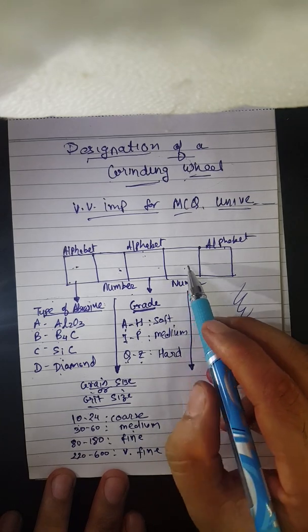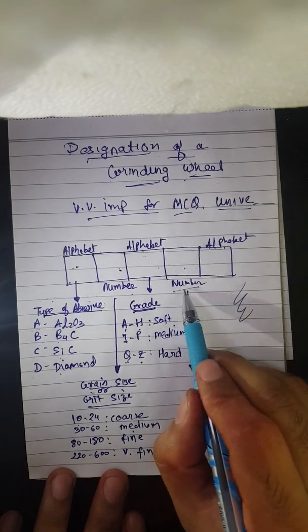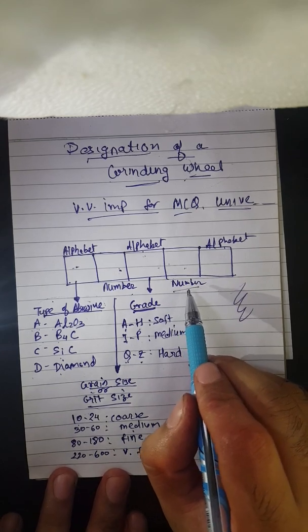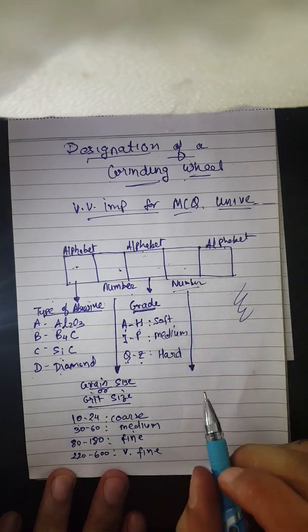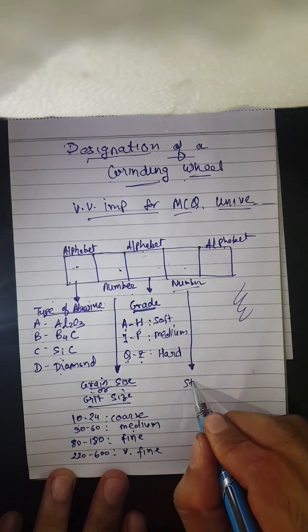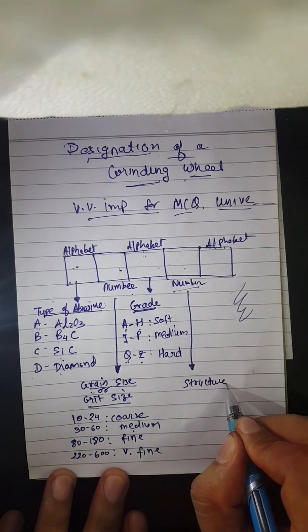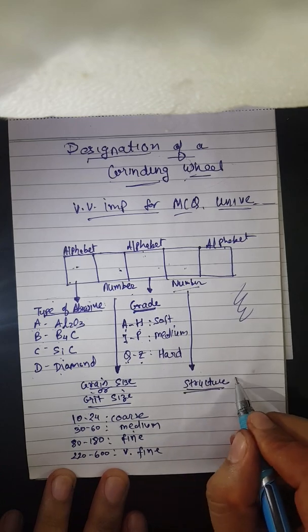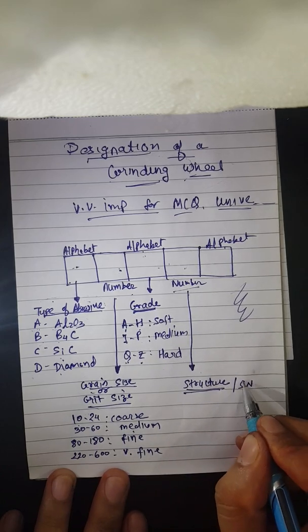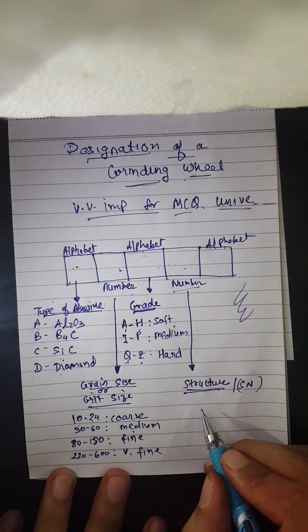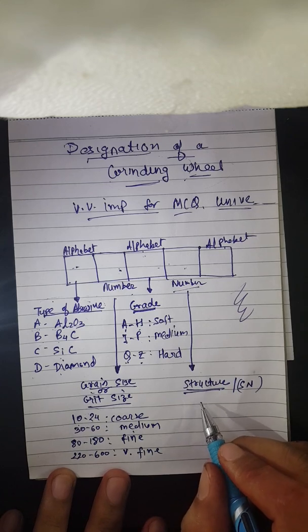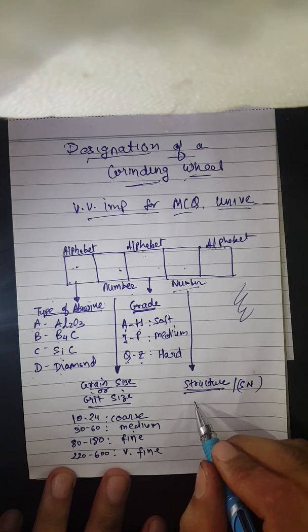Then moving on to the next block, which corresponds to a number. When we are talking about a number, this fourth block suggests something called the structure, or structure number, as we can call it. This structure gives an idea about how the grains are arranged.